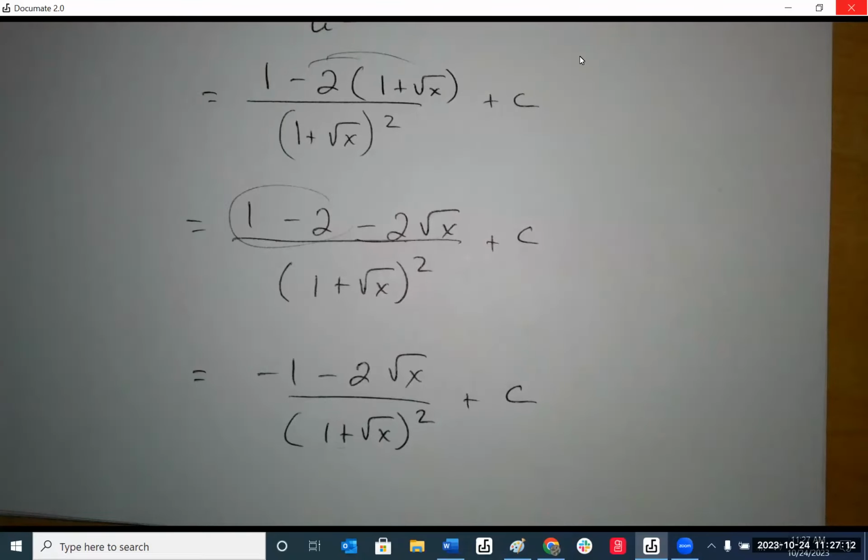Yeah, that one used a couple of our rules. This is as far as I can go. And again, this whole function is continuous on the entire domain because the bottom can never equal 0.